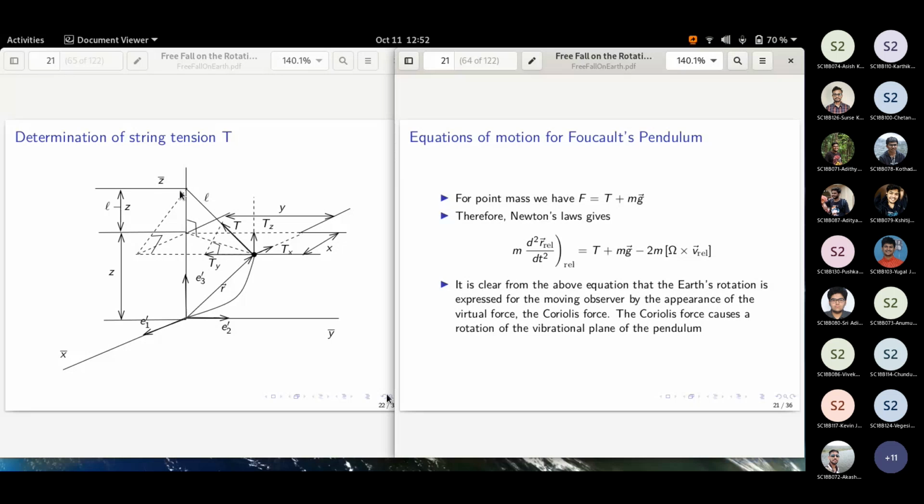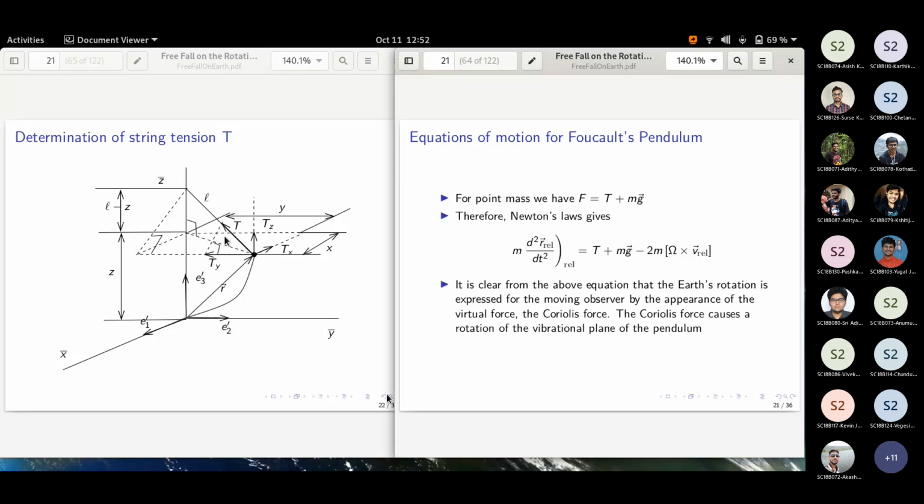Imagine that. The length of the string is L. We will be making certain assumptions later on. And then it is oscillating with respect to the east and north horizon plane. So this is the main figure.